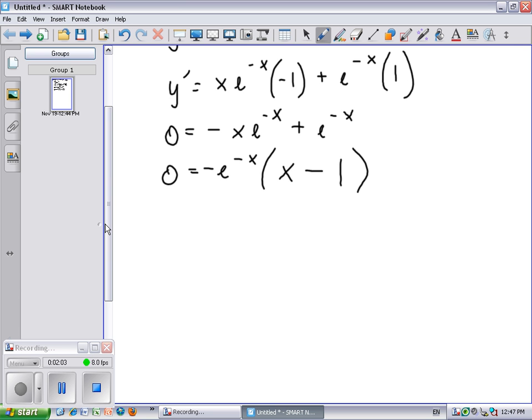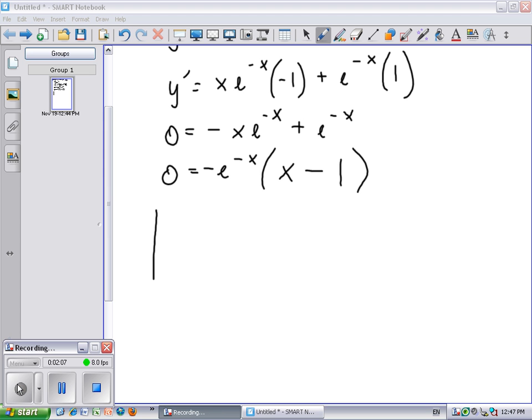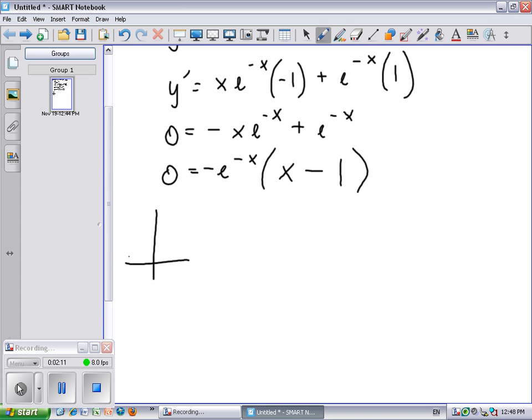Now remember back to last year, what do we remember about e to the x as far as its possible roots? Well, you'll remember that e to the x, which was an exponential growth model, had a horizontal asymptote at y equals 0, right here. So it did not contain any roots. So there is no value of x that you can substitute into that function that will result in a y value of 0.